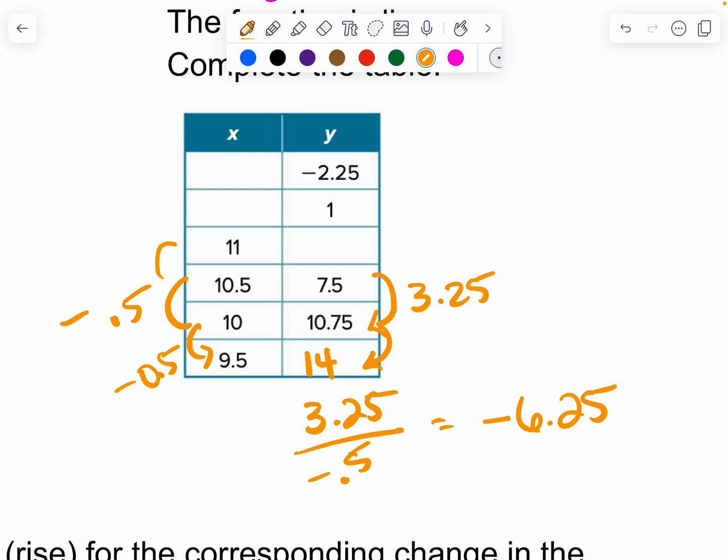This went by 0.5 also, so I'm going to go back 3.25. So 7.5 minus 3.25 to get 4.25. If I subtract 3.25 here, that got me to 1. So that means this went back, this is going to go up, and this is also back by 3.25, so this is up to 12.